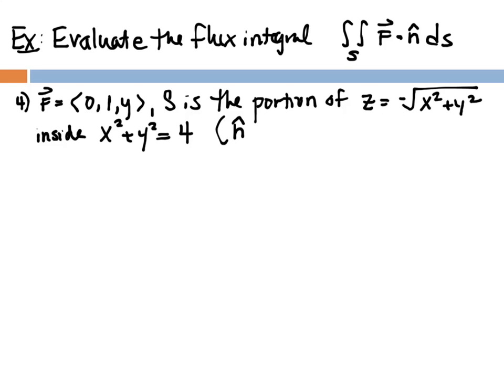And then we're told that the normal vector is upward. They're going to tell you what direction the normal vector is for this to make sense. Okay, is everybody good so far? Excellent. All right, the first thing that we need to do is describe, write it down, what our function F of x, y, z is. So do you remember how to do that from last time?